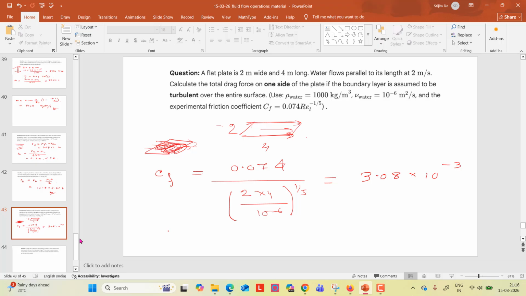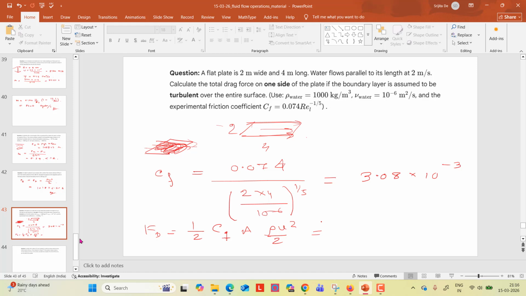Now you can calculate the drag force. FD equals to half CF, projected area, rho U square. Projected area is just 4 into 2. That is the length into width.